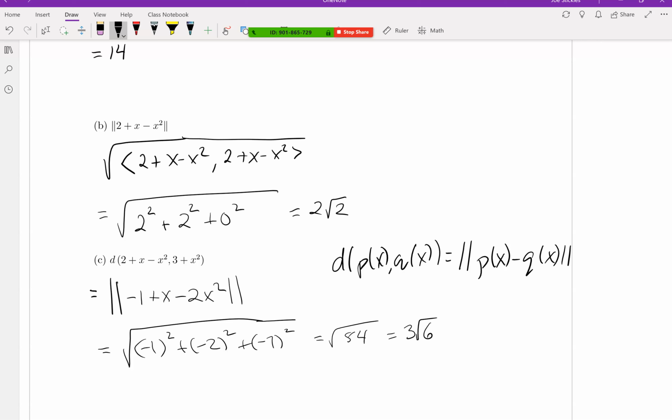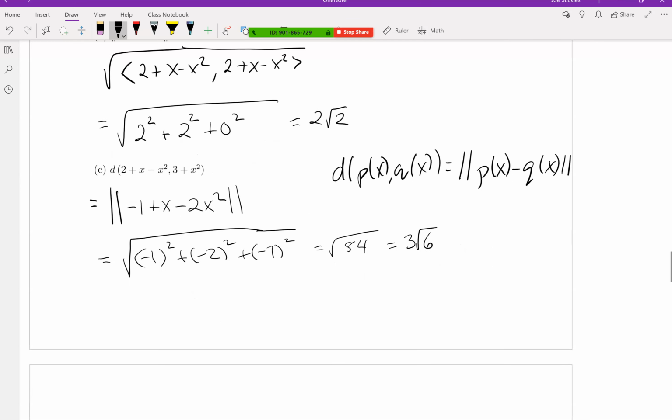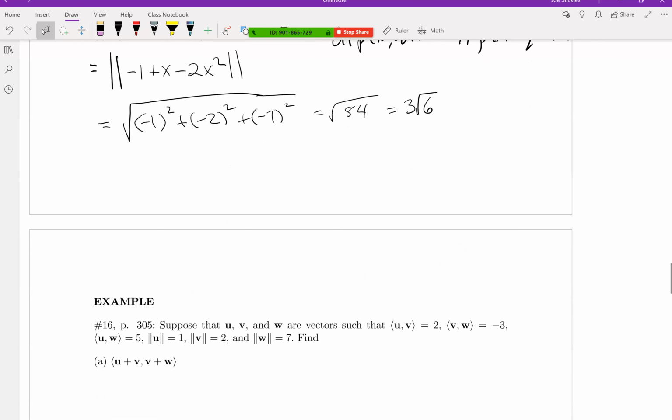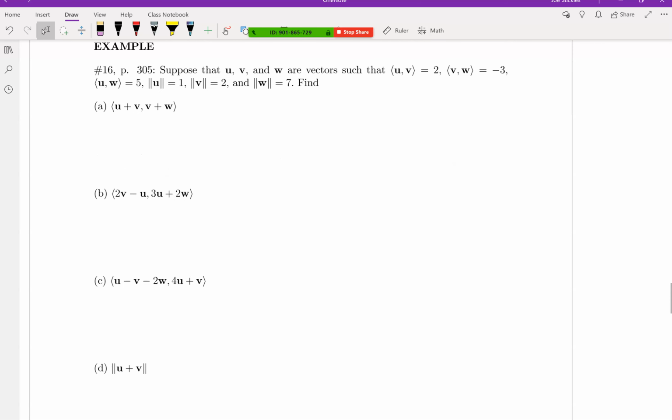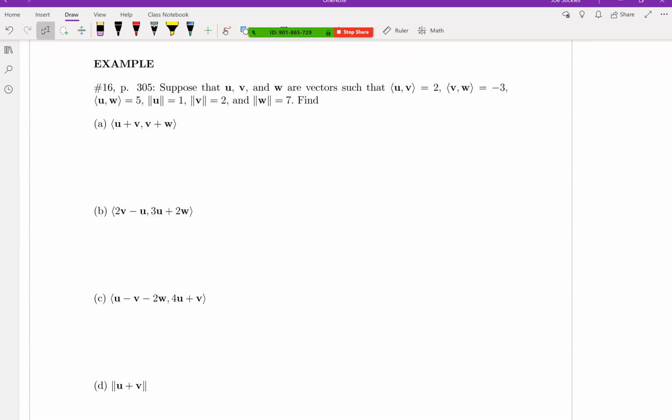Questions on any of those? All right, I want to play around a little bit with just using the properties to do some of these without actually having a specific dot product given to us. So let's look at this one.